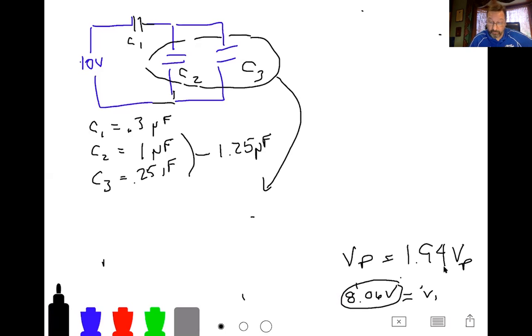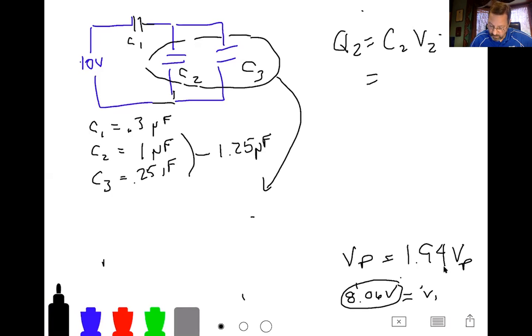That's a rule. And so if I'm looking for the charge on Q2, C2 is 1 microfarad. Now let's write the equation out. It's the capacitance of 2 times the voltage across 2, which I just said is 1.94 volts.